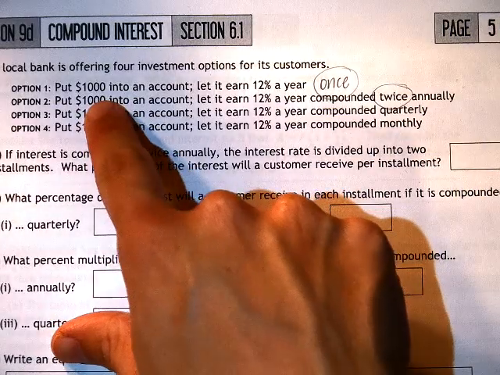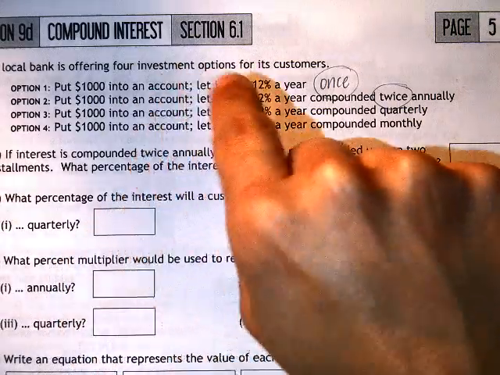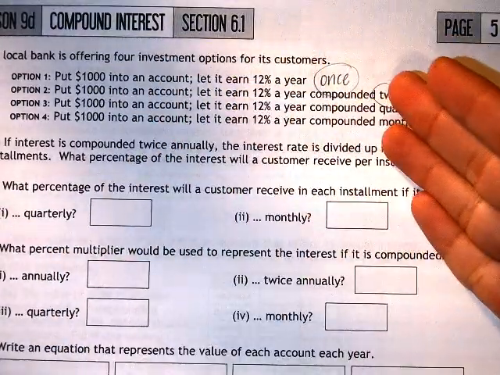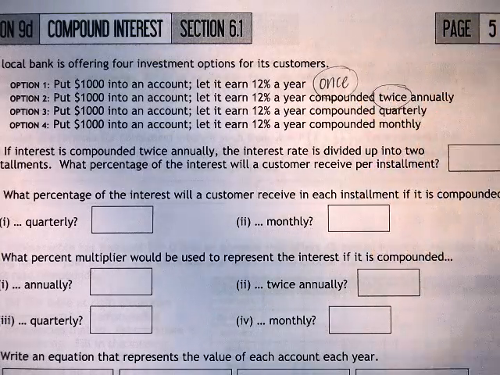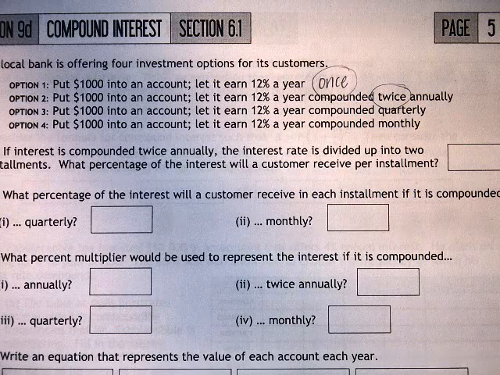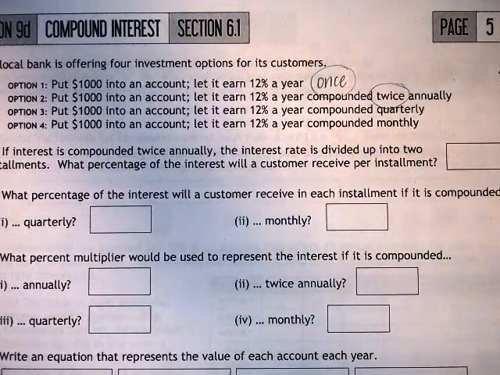So if you invested your $1,000 on New Year's Day, you could probably check sometime in June, and then you'll see a little bit of an increase. And if you check again the following New Year's Day, you'll see the rest of the increase. So twice just means you're getting 2 smaller increases instead of 1 big increase in option 1.